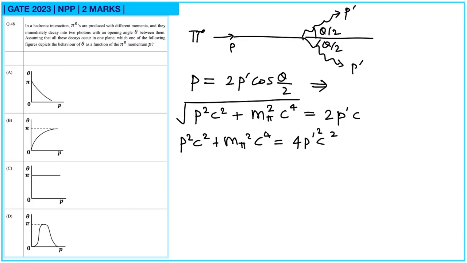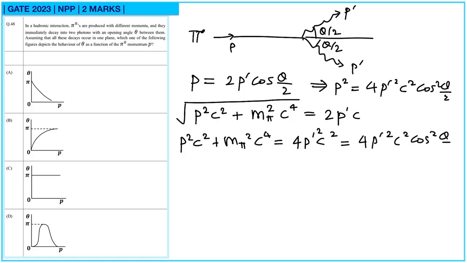Now from this first equation, we can calculate p dash square. So let us multiply c square on both sides and take square first. So this will be p square c square is equal to 4 p dash square c square cos square theta by 2.